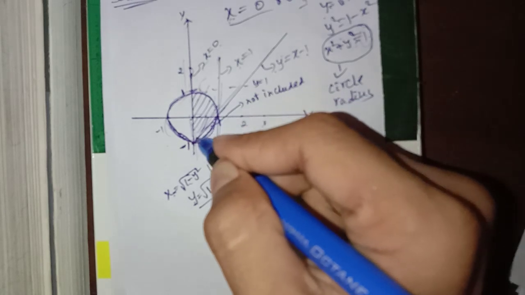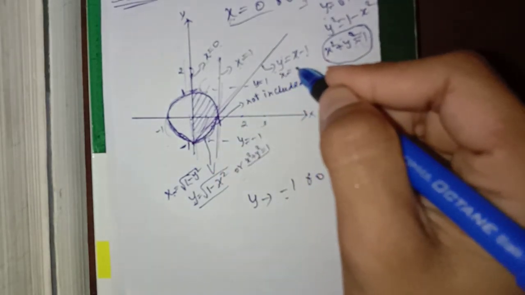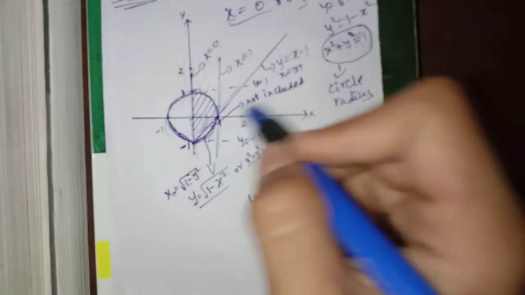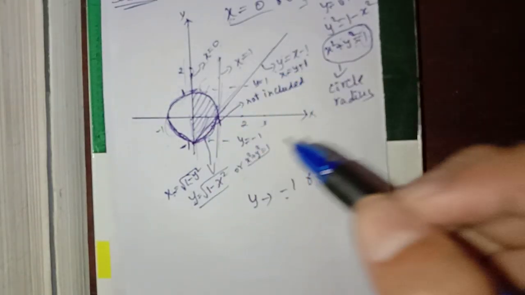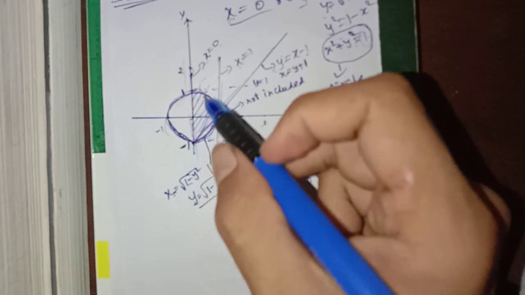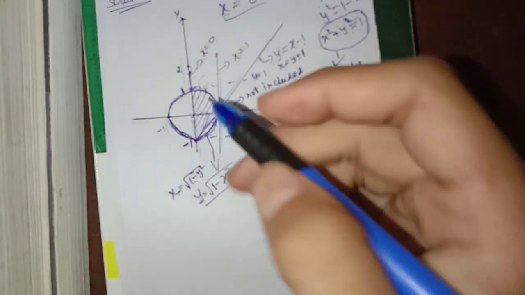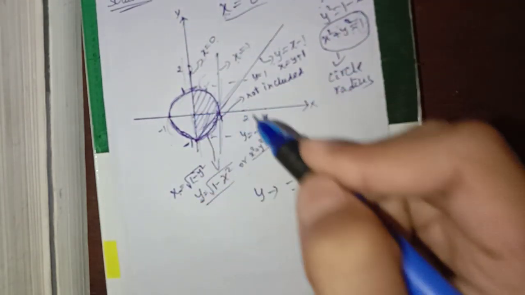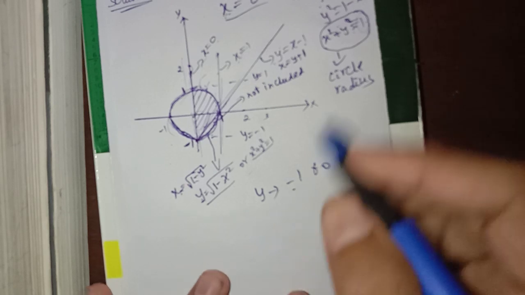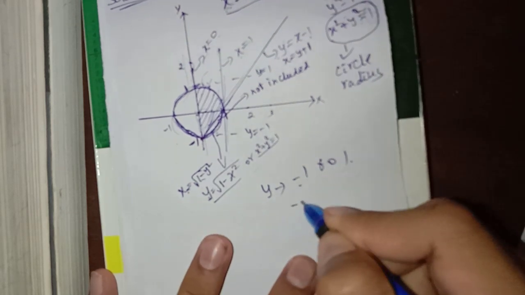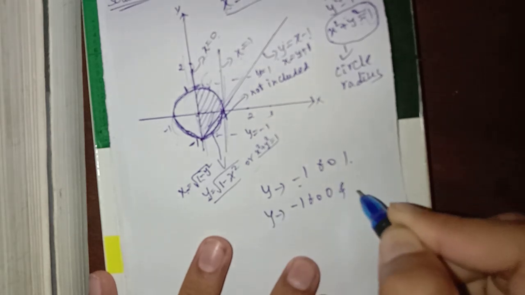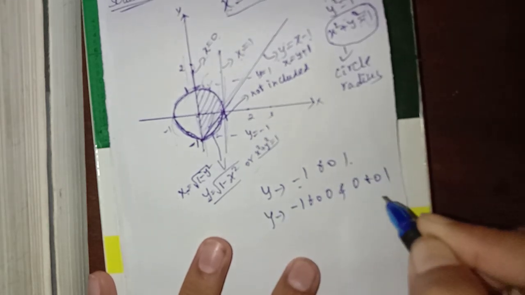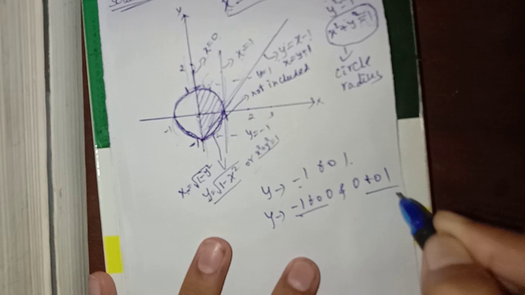But here it is x is equal to y plus 1. This line is x is equal to y plus 1. So here two equations are there. So we must make a partition. We have to take y is equal to minus 1 to 0 and 0 to 1. We make two partitions here.